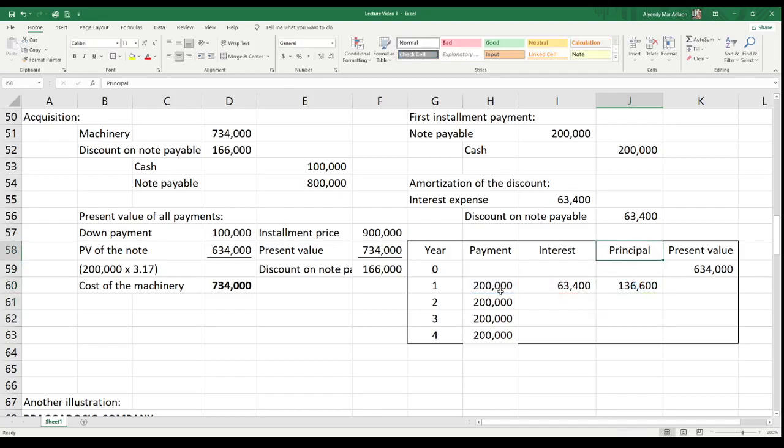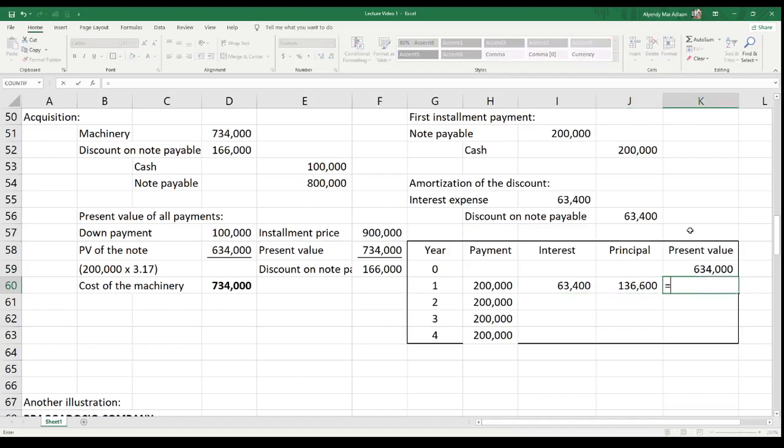Take note, the amount applied to the principal is not the whole 200,000, but only 136,600, since the 63,400 applies to the interest. So 634,000, the present value, minus the payment of 136,600, gives us 497,400 as our balance at the end of year 1.